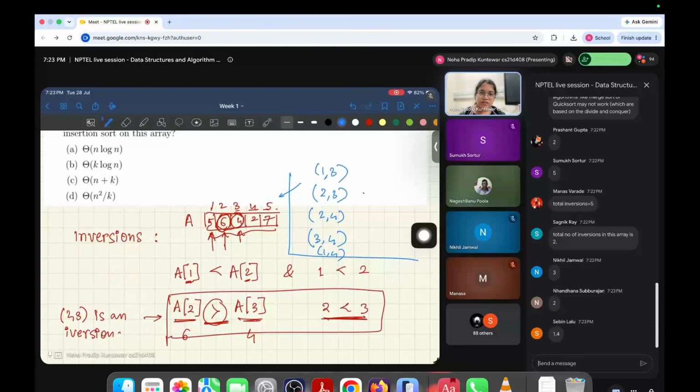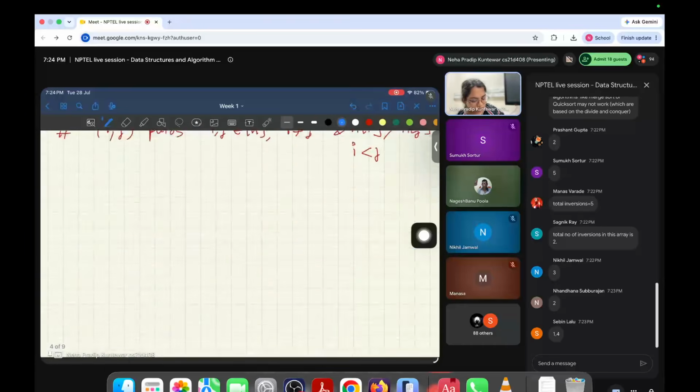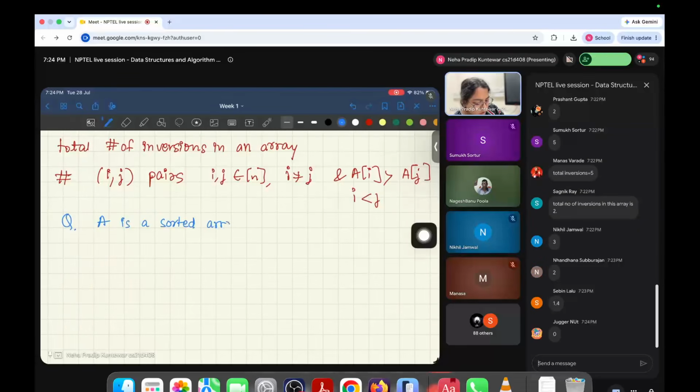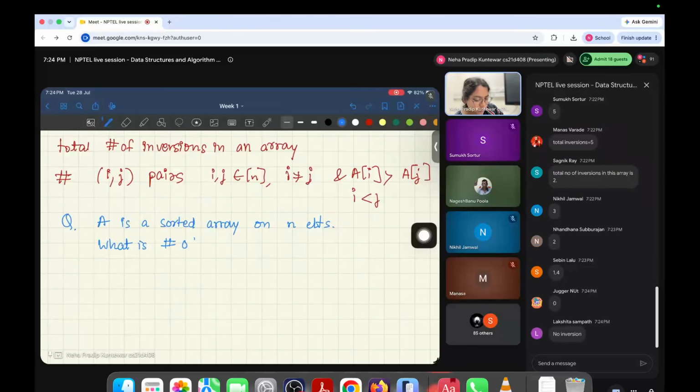So let's say your array is sorted. Then how many inversions can there be? Let's say A is a sorted array on n elements. What is the total number of inversions? Yeah, good.